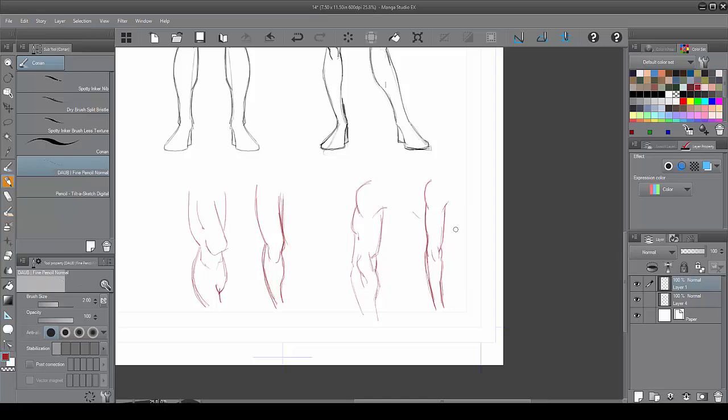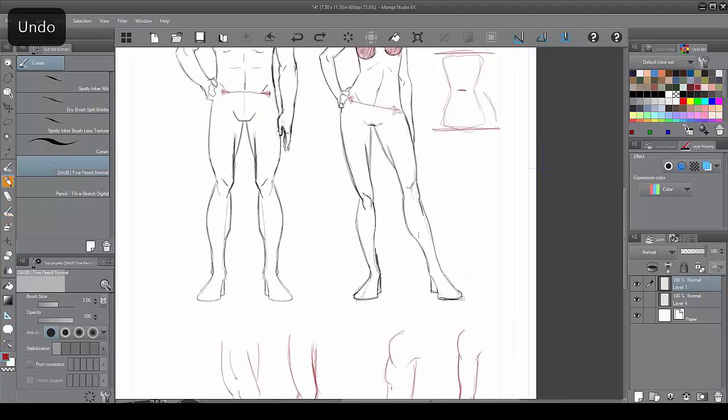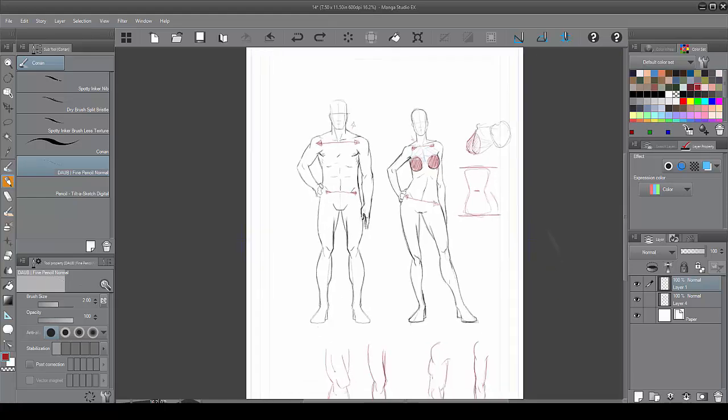I've still got my tricep, still got my bicep, still got my forearm muscles here, but they're a lot leaner. Okay, and this is obviously a very muscly man and a muscly woman. Now, this isn't to say that women can't have arms like this and men can't have arms like this. It's all dependent, like I said, on the character that you're drawing.